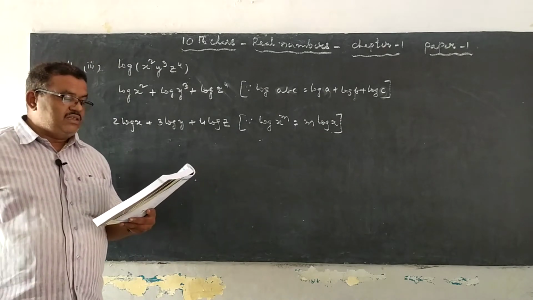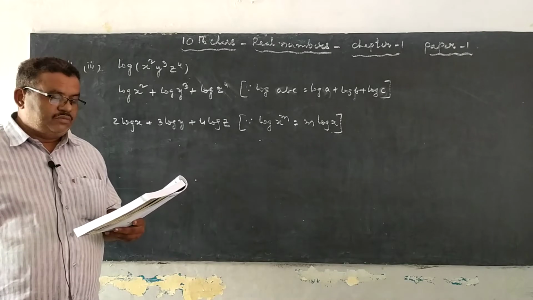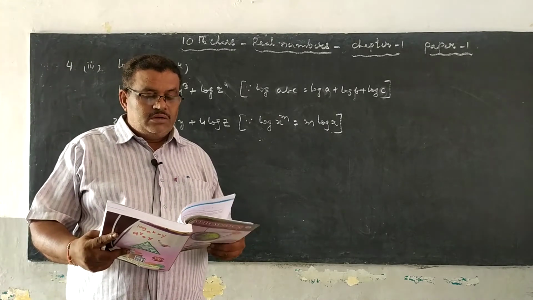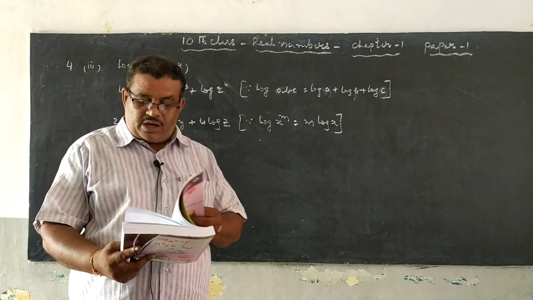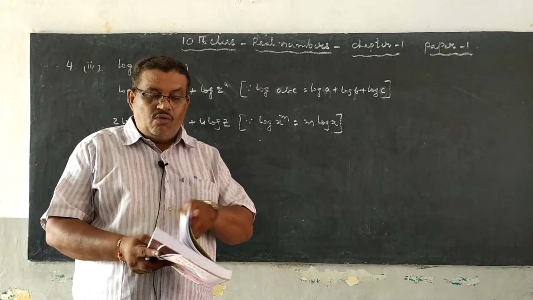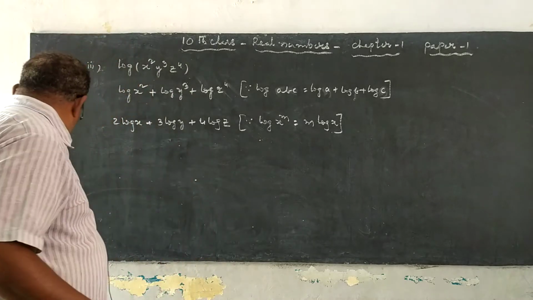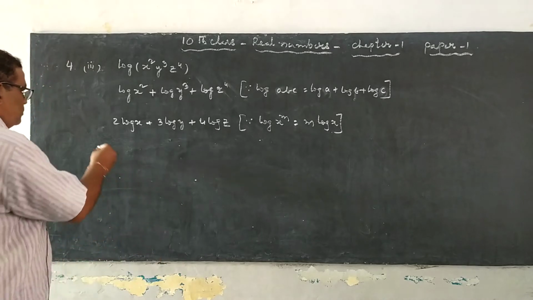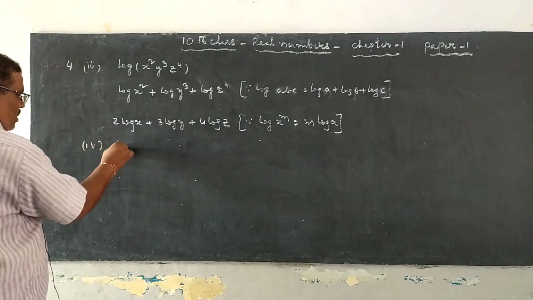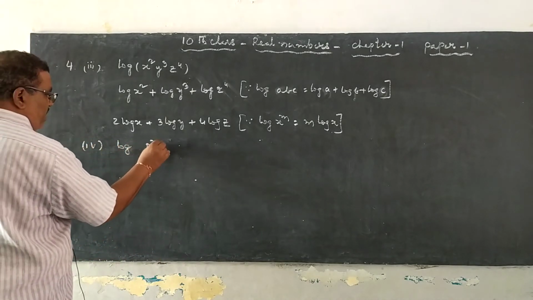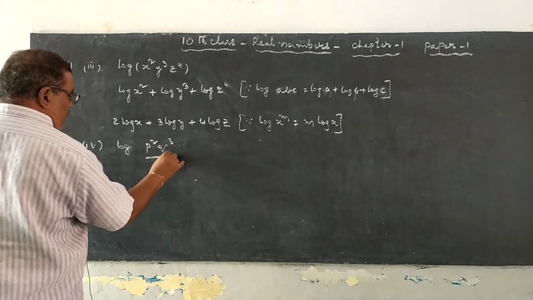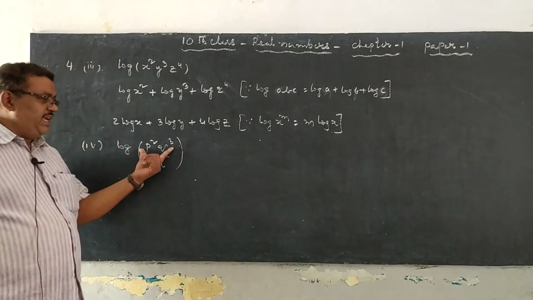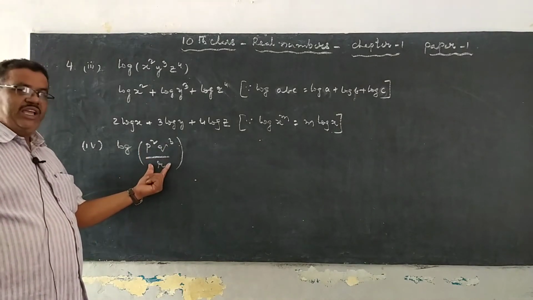Now we are going to discuss the fourth problem, log p square q cube by r. How do we have to express this one? Take the numerator as x and the denominator as y.